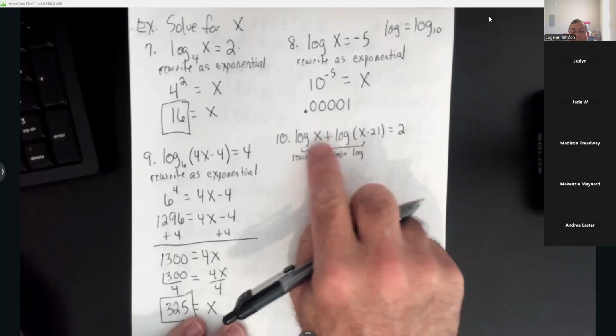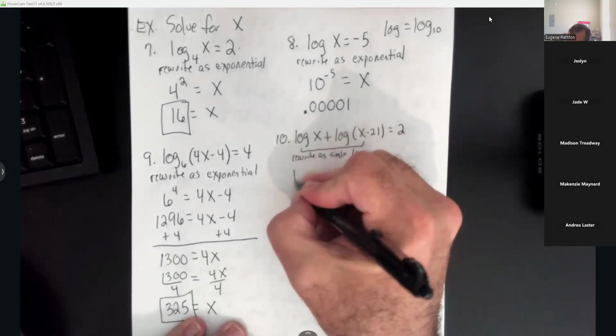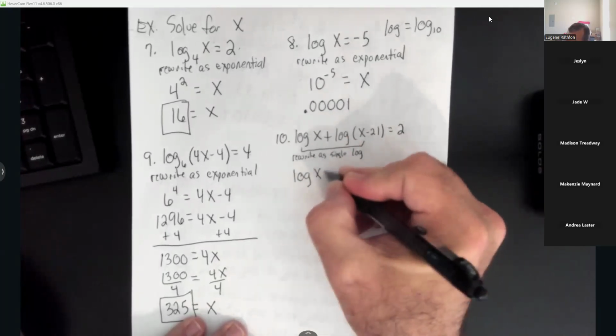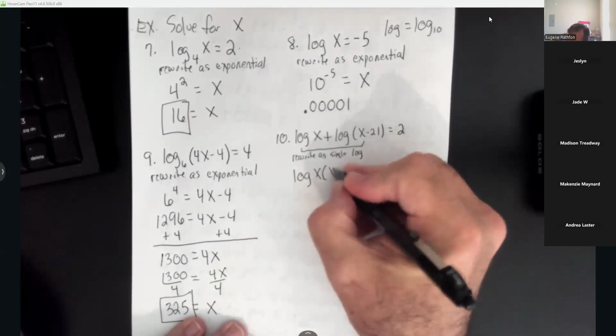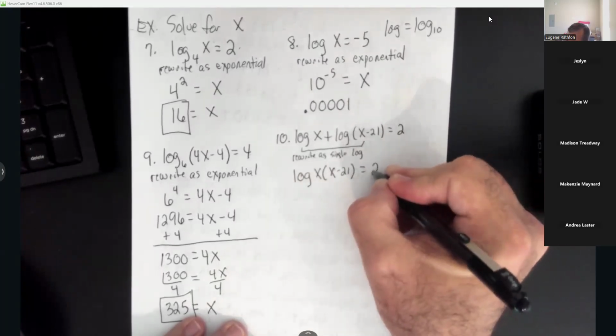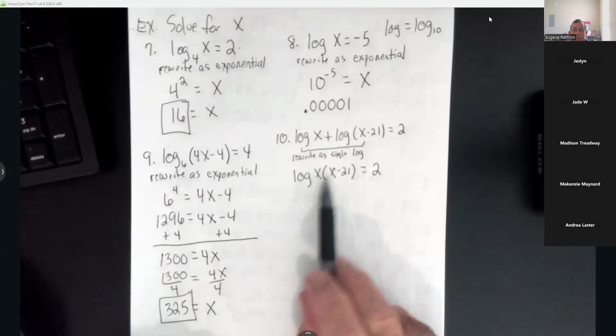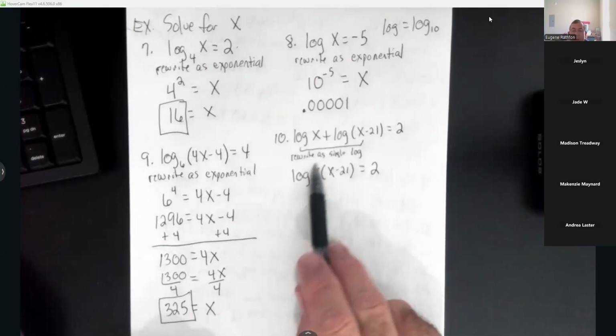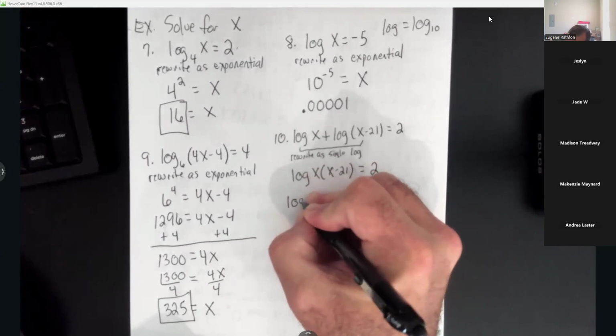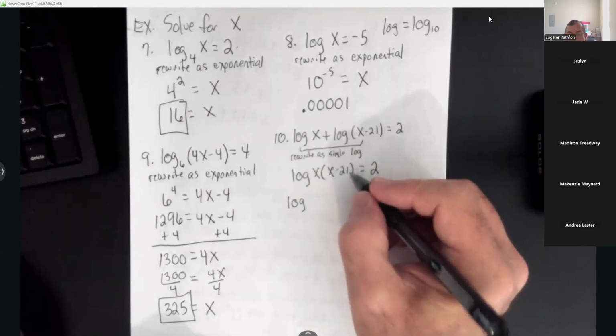Since these are being added, you would write it as a product of x times x minus 21, all of that equal to a 2. So if they're being added, you write them as a product being multiplied. And y'all, I'm actually going to go one step further and multiply this.